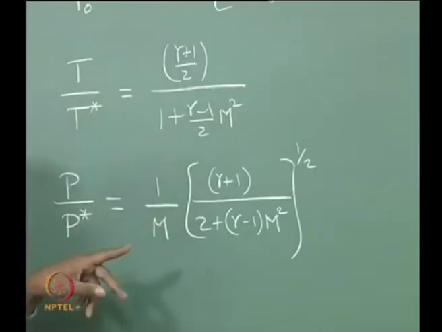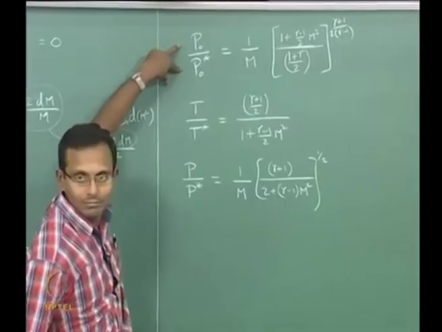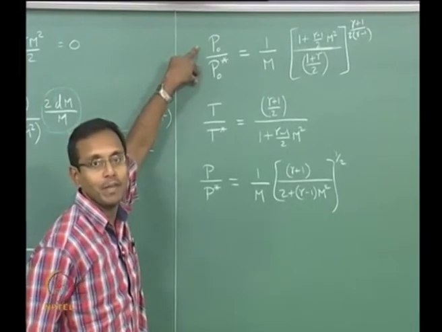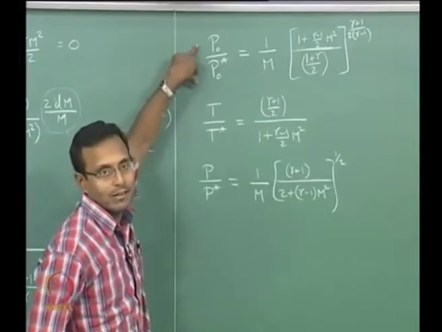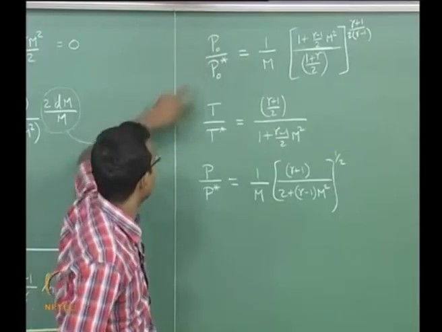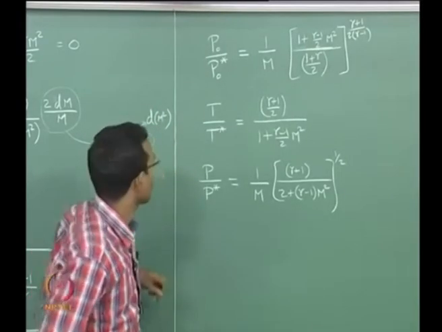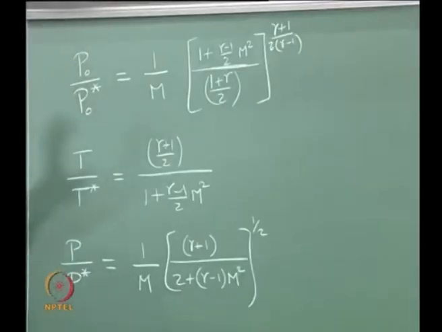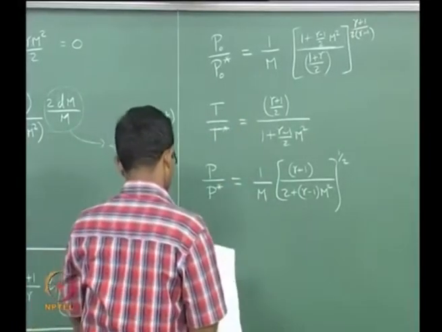This can be obtained from this expression and your isentropic relation, P naught by P and P naught by P star, appropriately multiplied with this particular ratio to get to this. That can also be obtained. And of course, now you can find delta S from here. I do not want to go do that right now. You can go do a delta S if you want. It can be done.